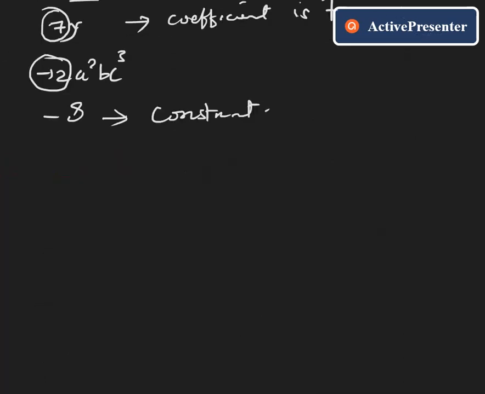Now, having knowledge about monomials, we can define a polynomial. A polynomial is the sum of a finite number of monomials.